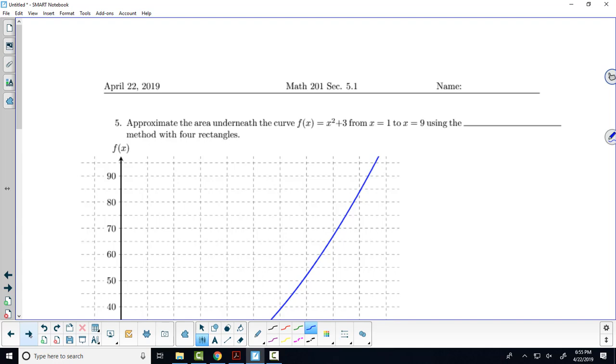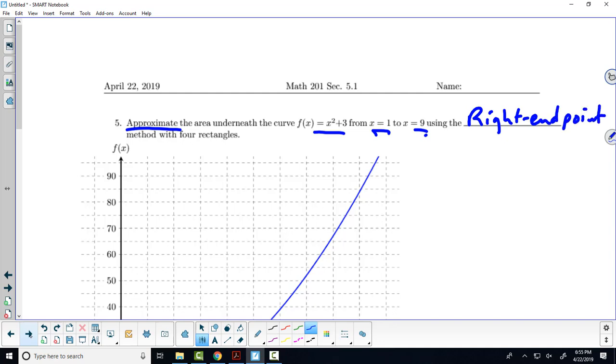We're just going to keep working with this problem. It's kind of a touchy-feely introductory lecture to this. We're going to, again, approximate the area underneath the curve f of x equals x squared plus 3 from x equals 1 to x equals 9. We're going to use the right endpoint method.